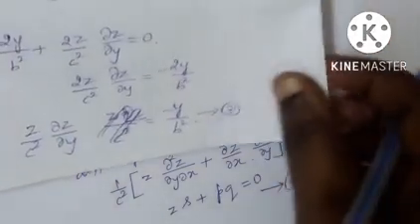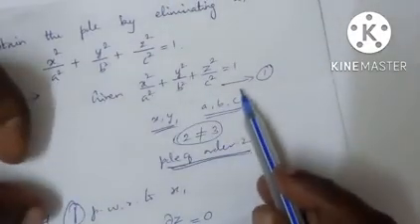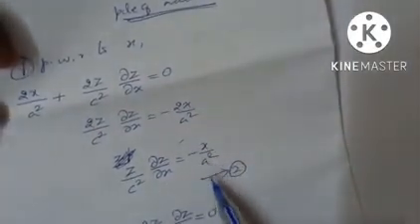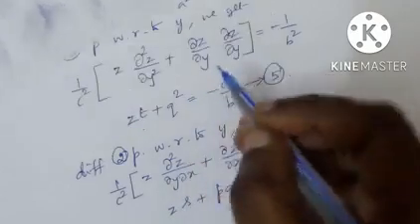So we have got 6 equations. This is our given equation 1. This is first partially differentiated with respect to x, equation 2. This is the third equation. This is the fourth equation.